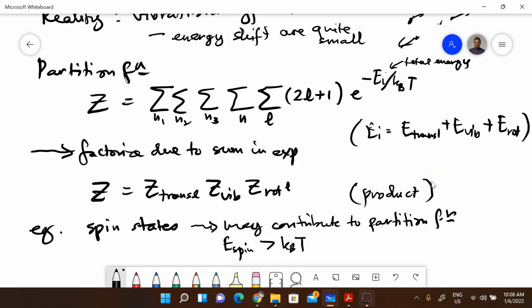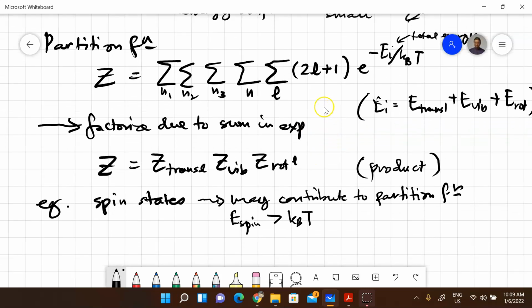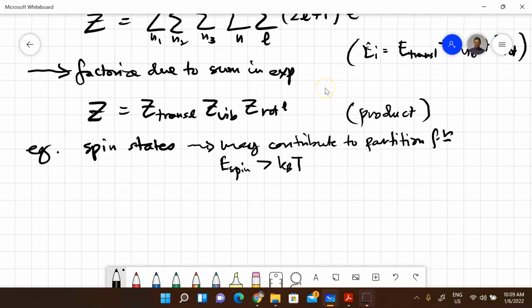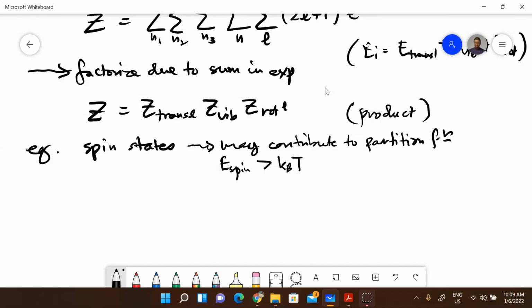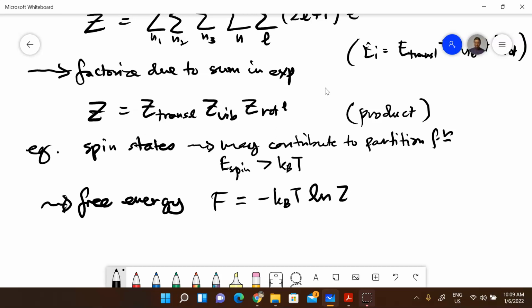Okay, once you have this product of partition functions, you can almost immediately see for the free energy, which is just like your energies before, because of the log of your partition function, this turns into addition again.